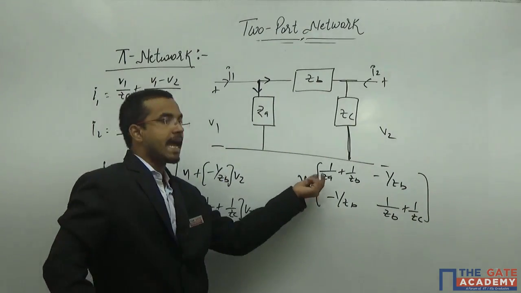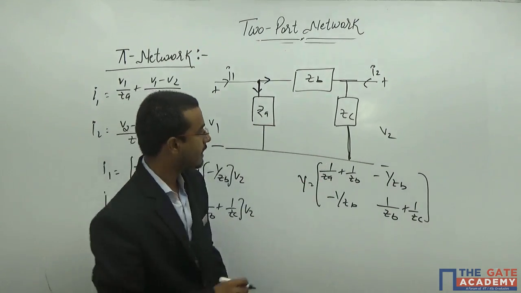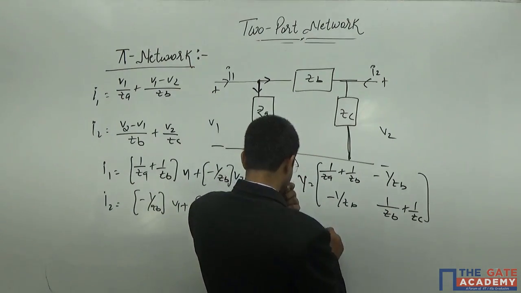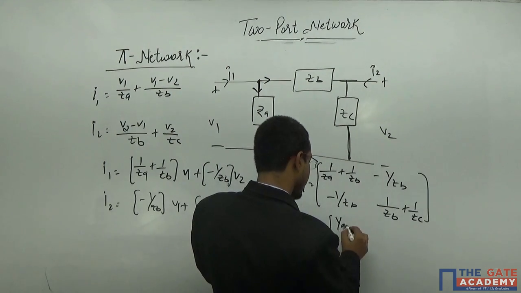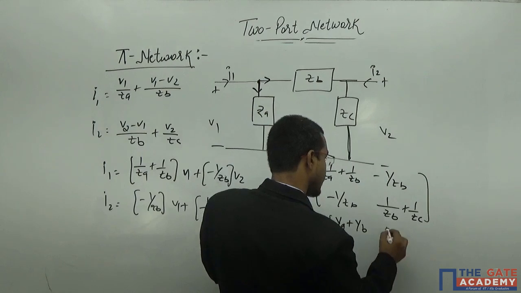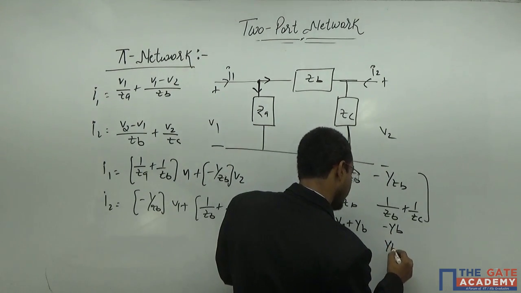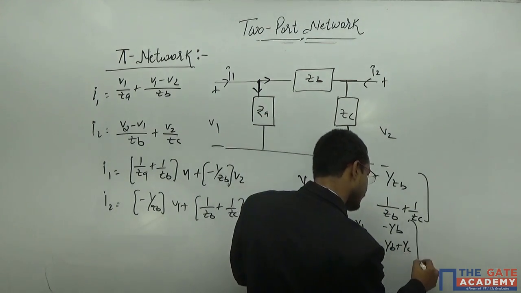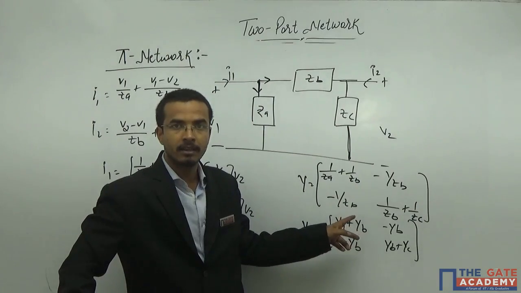So here you are not adding the impedances, you are adding the admittances. That is why I can write it like this also: Y is basically YA plus YB, minus YB, minus YB, and YB plus YC. That means you will add the admittances directly.